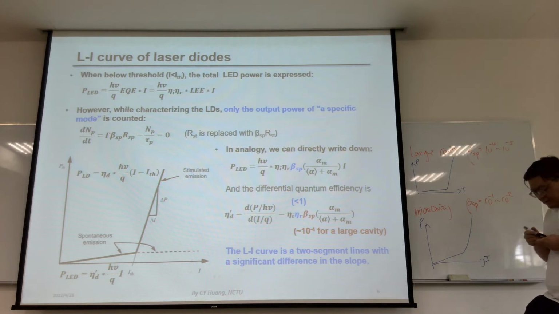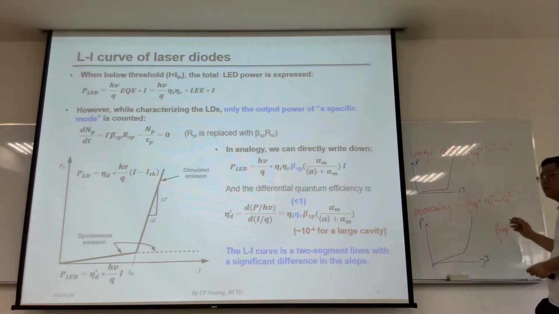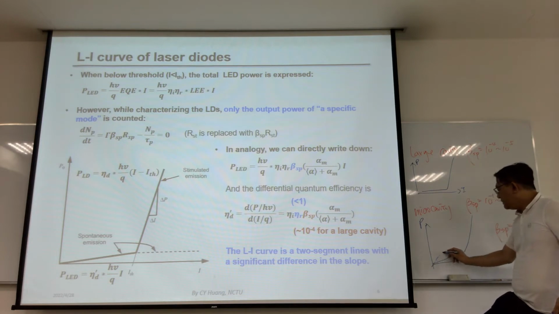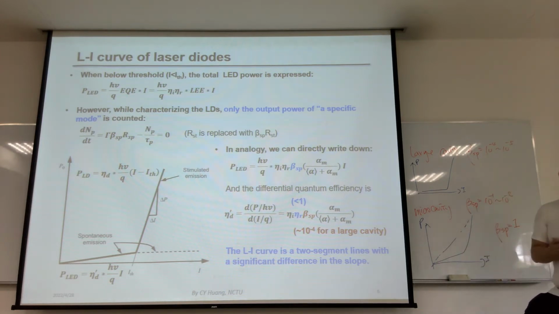Now, a very special case, what about beta SP equal to 1? There will be no difference between the spontaneous emission and the stimulated emission. It might be something like this. So that would be a very scientifically interesting work.